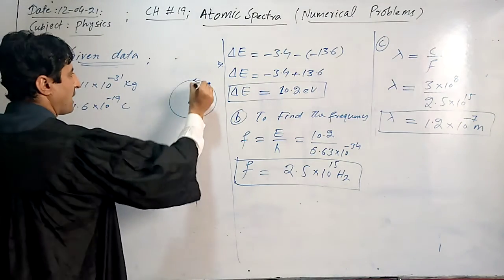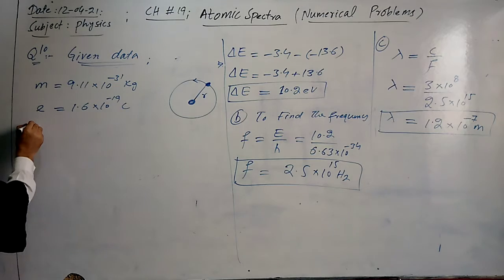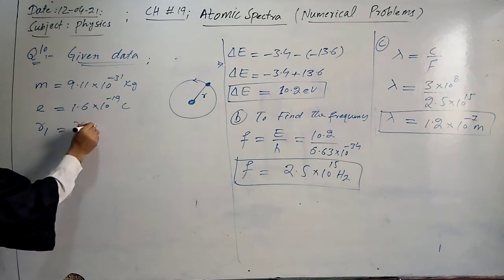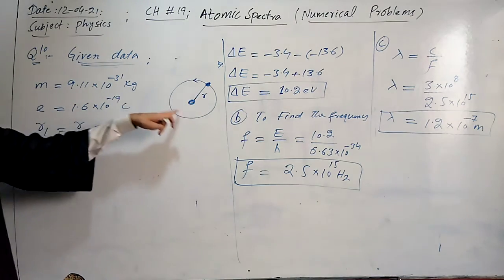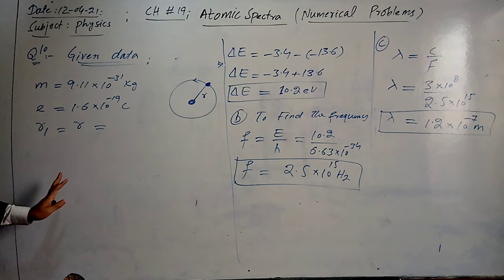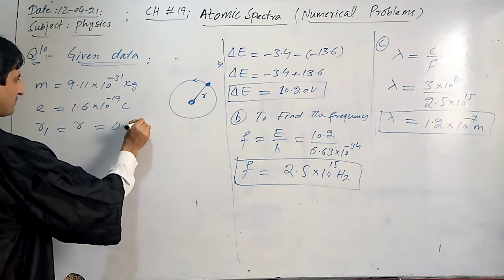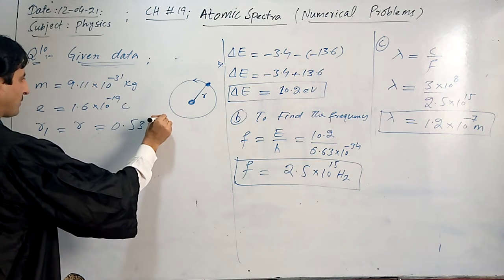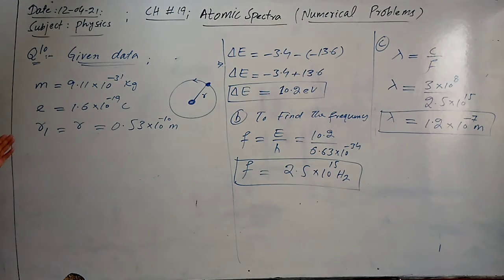For the first orbit it is r1, but we can take it as r, because now we perform the calculation only in this first orbit. It is equal to 0.53 multiplied 10 power minus 10 meter.